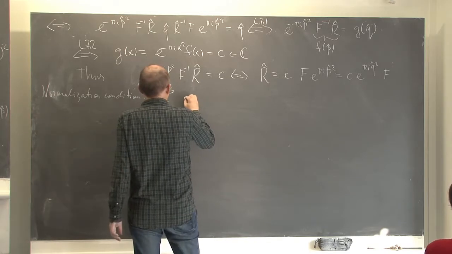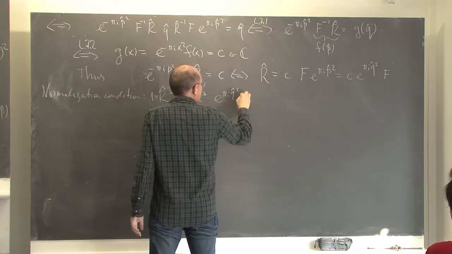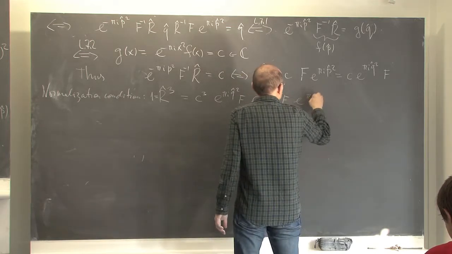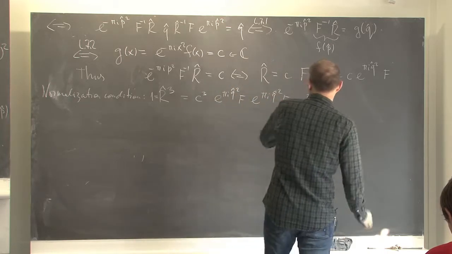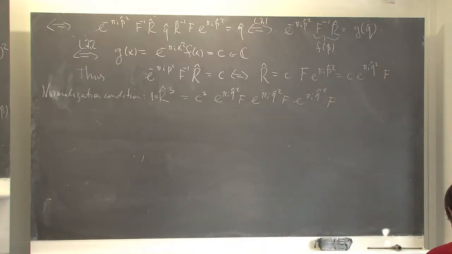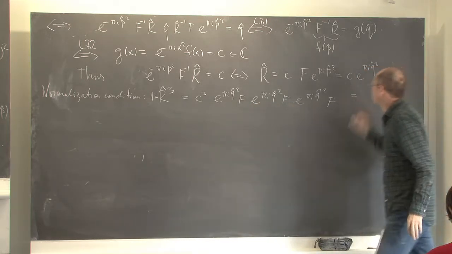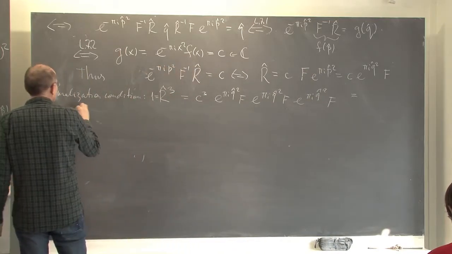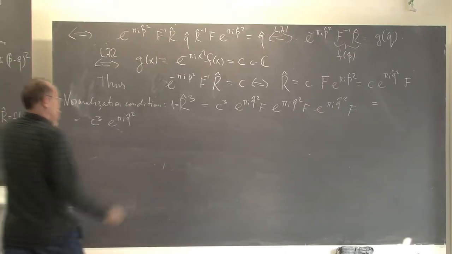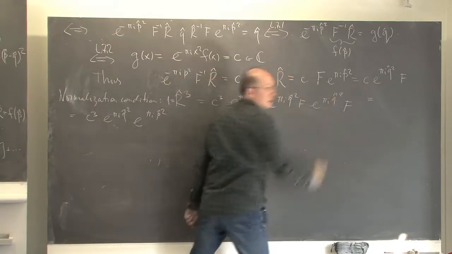So we have C to the power 3, e to the pi i Q hat squared F, times e to the pi i Q hat squared F, e to the pi i Q hat squared F. And now let us move all F's to the right, because we know how to conjugate things. C cubed e to the pi i Q hat squared e to the pi i P hat squared. So this is just playing between these two versions.